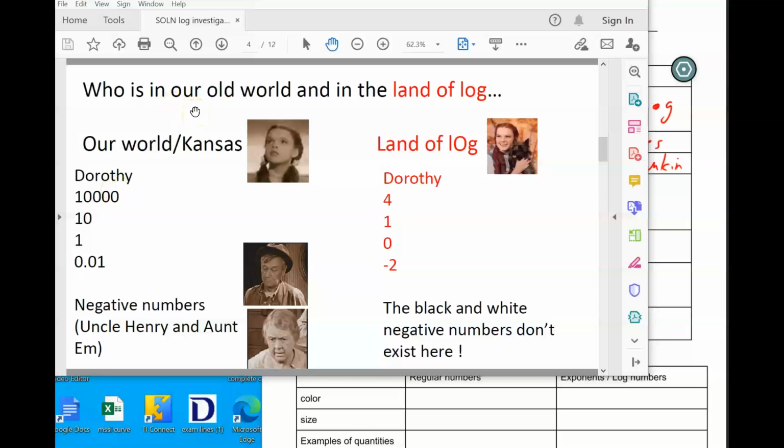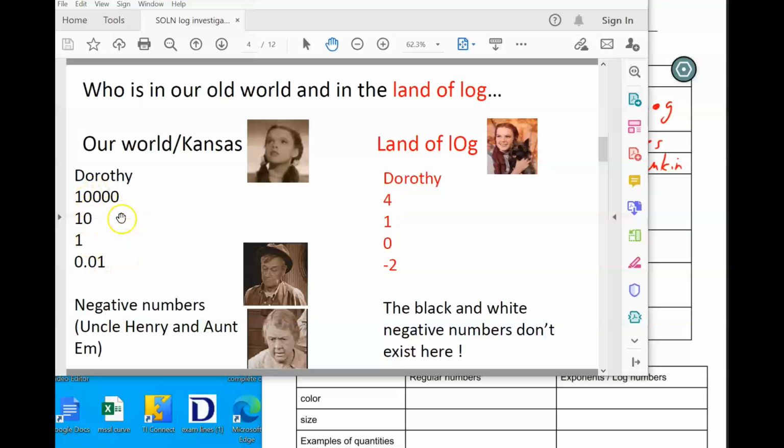So who is in the old world and who is in the land of Log? Well, Dorothy is both in Kansas and in the land of Log, except in Kansas she's black and white Dorothy, and in the land of Log she is color Dorothy. Just like some numbers which exist both in Kansas and the land of Log, such as 10,000 and 10 and 1 and 0.01.